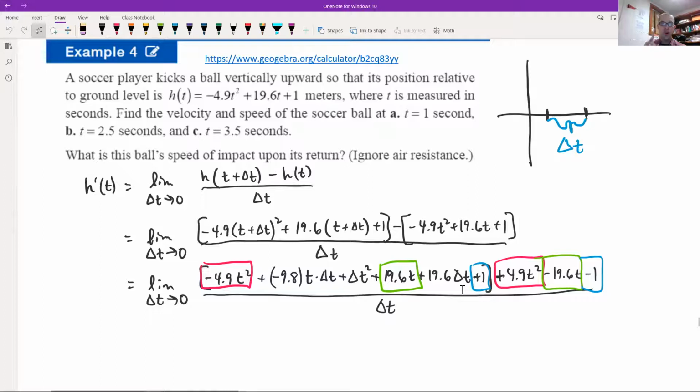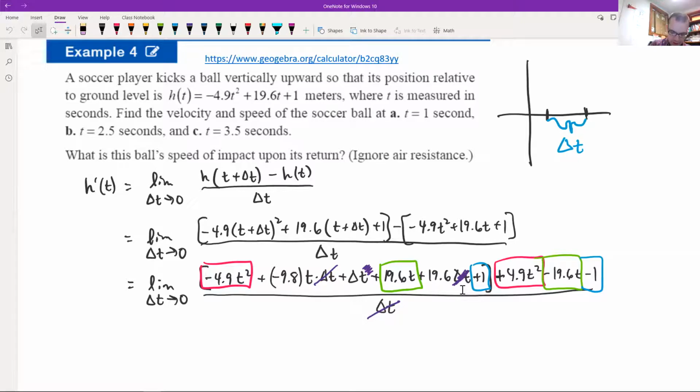So on the next line, we can cancel out delta t on top and bottom. I'm going to use a purple. If we cancel out delta t, a delta t will leave this term. A delta t will leave this term so that we're just left with delta t instead of delta t squared. And a delta t will leave this term so that we're just left with 19.6 there as a constant.